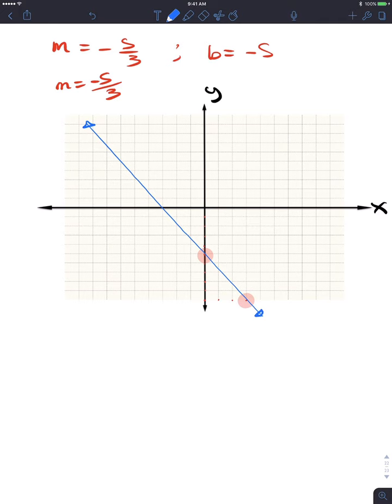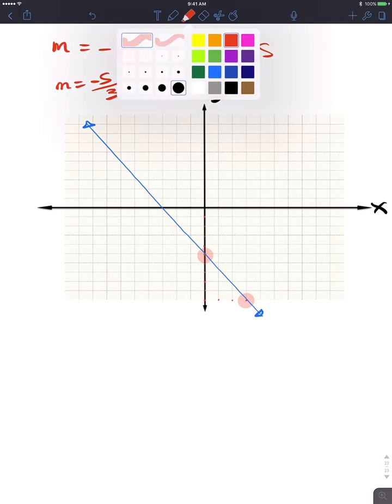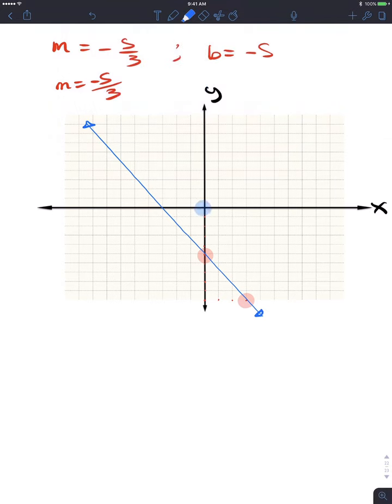Now let's notice our test point, or the origin, is available for a test point. That means x is 0, and y is 0. Let's not forget our inequality. 5x plus 3y is less than or equal to negative 15. Plug in 0 for x.